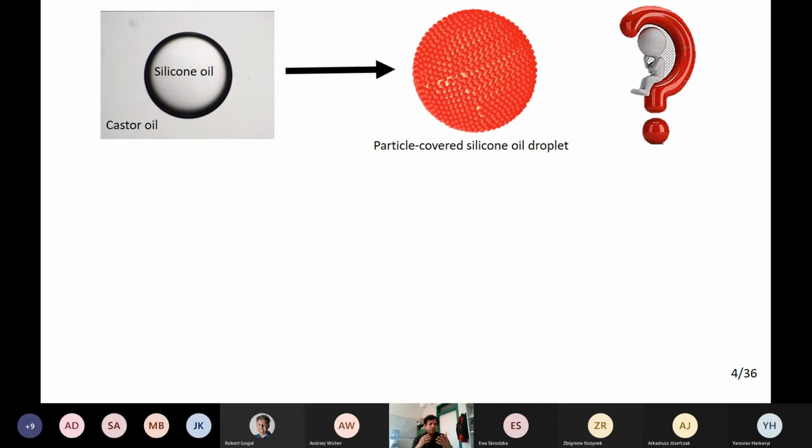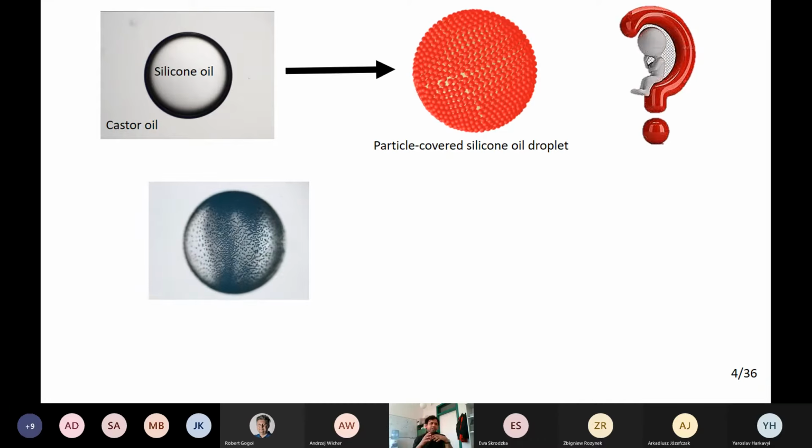First, I would like to show you what happens by adding some non-conductive particles at the droplet interface, and let's see how they behave. Initially, the particles were dispersed at the droplet. When we apply the electric field, they form a ribbon-like structure. Why do they form a ribbon? Because, as I showed you previously, there is electrohydrodynamic flow, and this flow directed the particles to the equator of the droplet, and they form a ribbon-like structure.